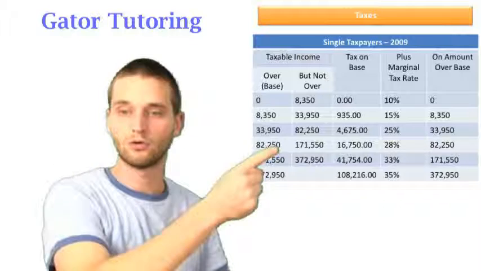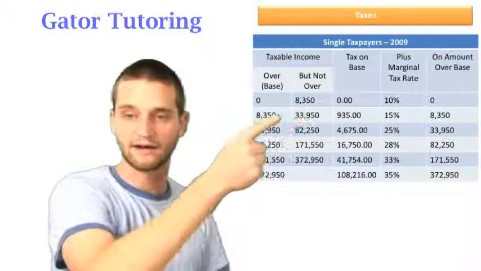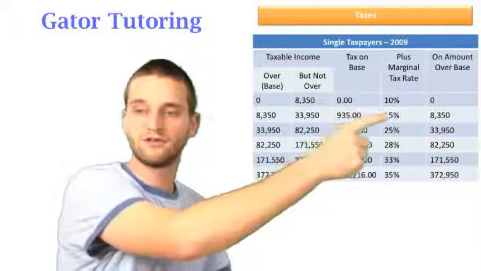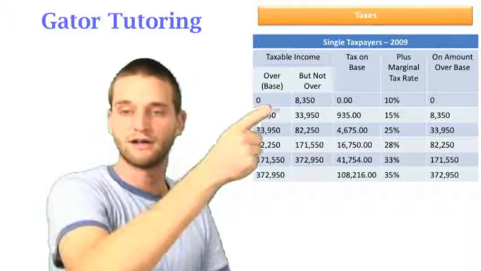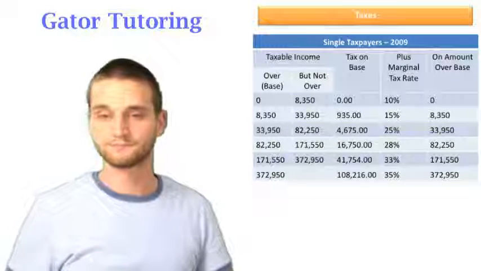So let's say you earned $10,000. Well, you'd fall in this category right here, so you would owe $935 plus 15% times the difference between the $10,000 you earned and the base number of $8,350. So that's how this tax table works.